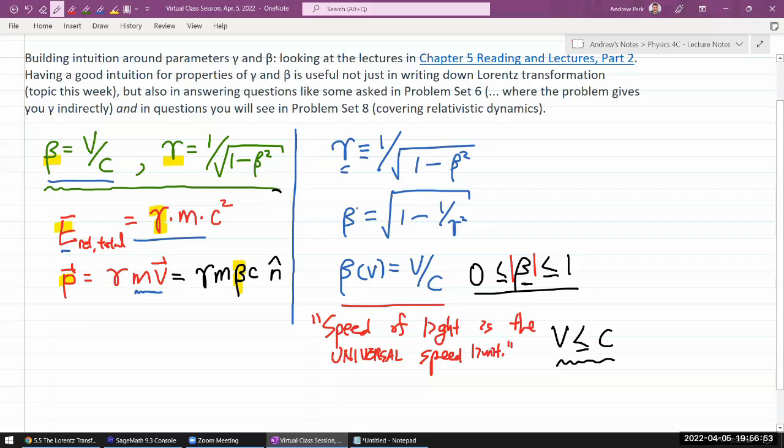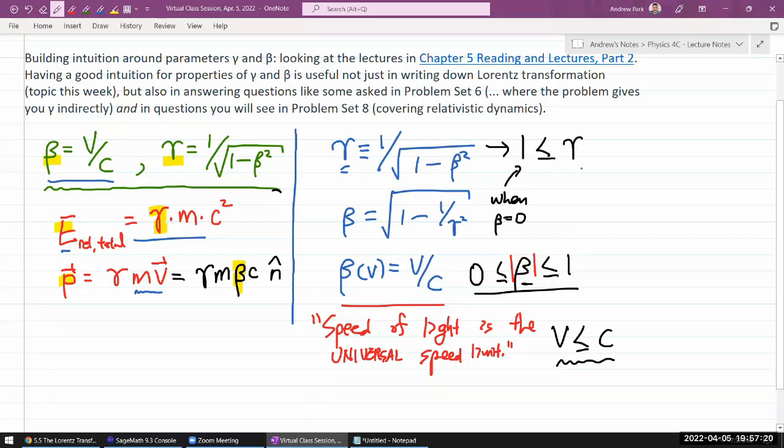Once you see that, then you see the constraints around the gamma as well. Imagine plugging this in. When you put in 0 for beta, then I have 1 minus 0, 1, square root of 1, 1. So we get 1 as the smallest value that gamma might take. This is when beta is equal to 0.